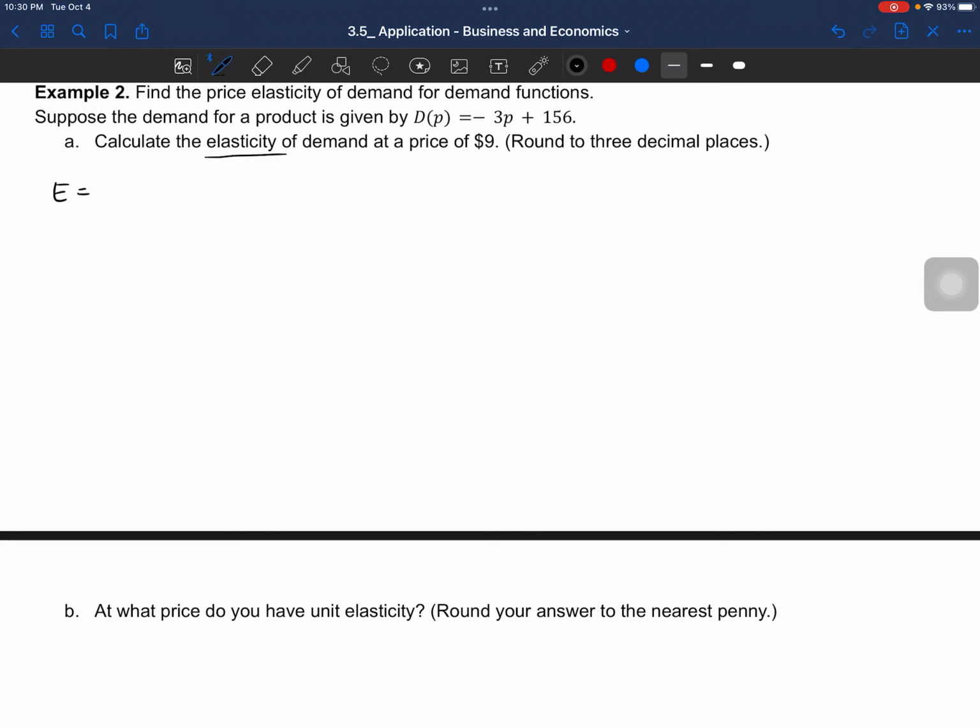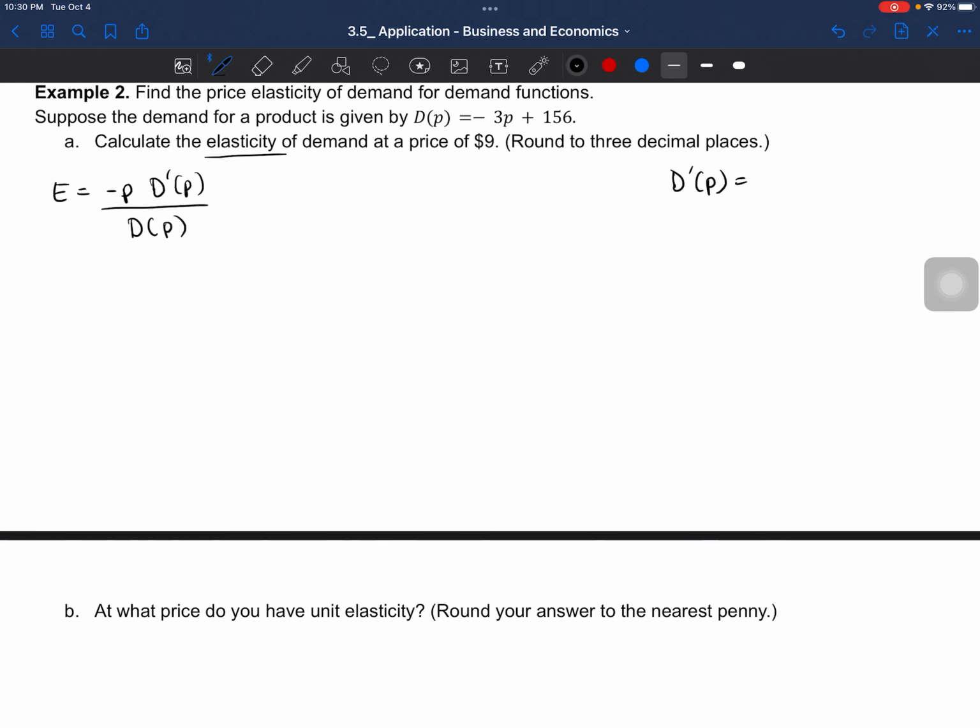All right, so we are asked to find the elasticity, and we have a special formula for that. Let's go ahead and write it down. So when we are looking for this, we're gonna need to use the derivative of D of p, right?